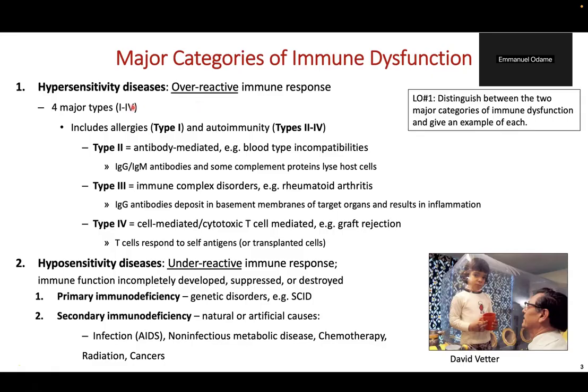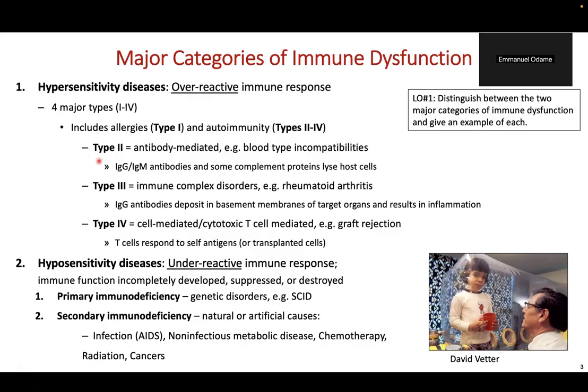And under the hypersensitivity disease, there are four major types. We have type 1, type 2, type 3, type 4. The type 1 is what normally falls under allergies. So type 1 is basically allergies. And then from type 2 to type 4 is autoimmunity disease related.